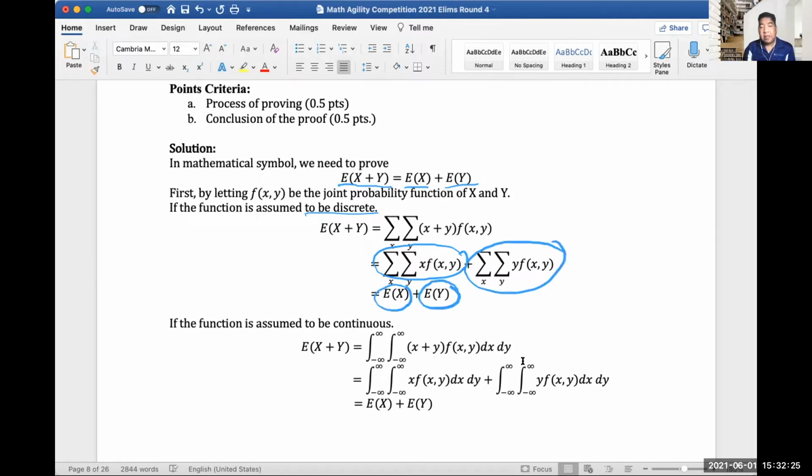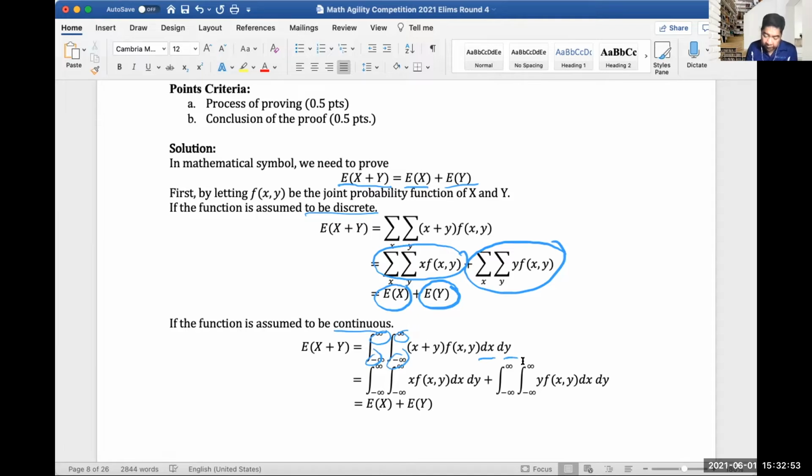Now, if we assume that our function is continuous, we will use the integral of x times f of x and y, dx dy, right? Because we have two variables, x and y, and our limits are from negative infinity to infinity for both integral signs. And of course, we can again distribute this into two terms.